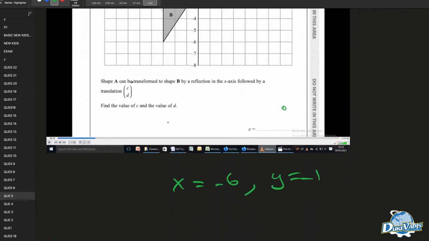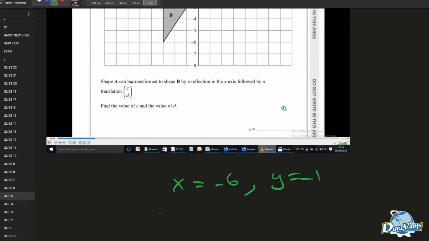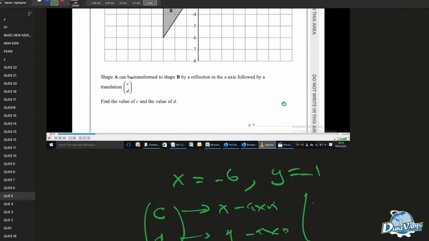But we've been given that we should find the values of C and D. So if that is the case, in vector form, this is the x-axis and this is the y-axis, and so the coordinate becomes -6, -1.